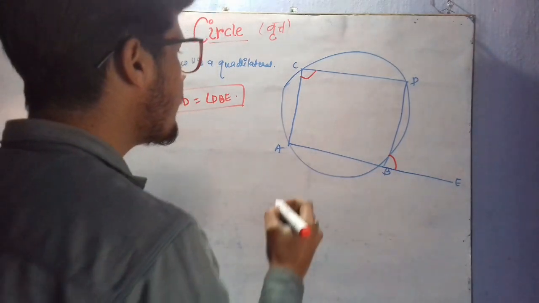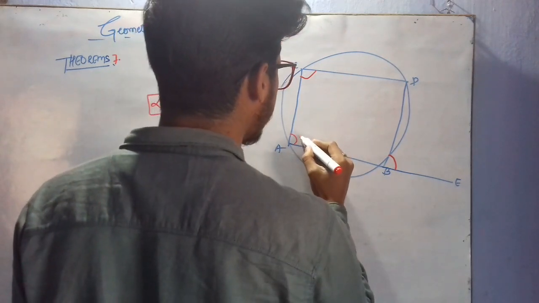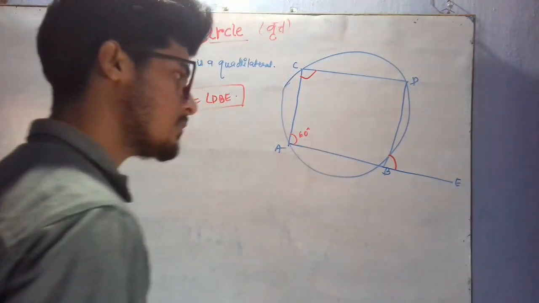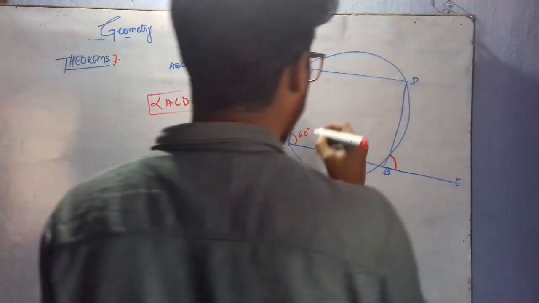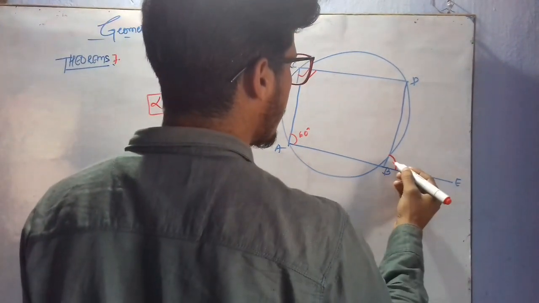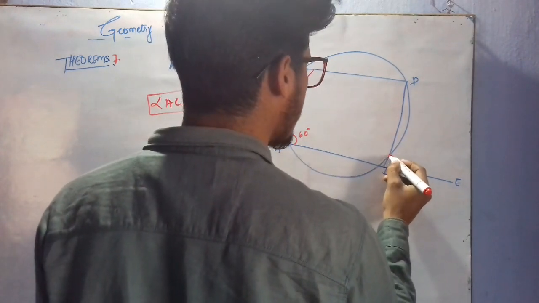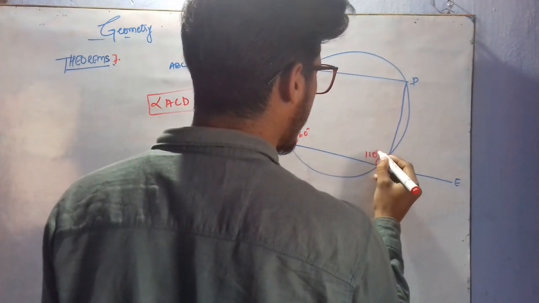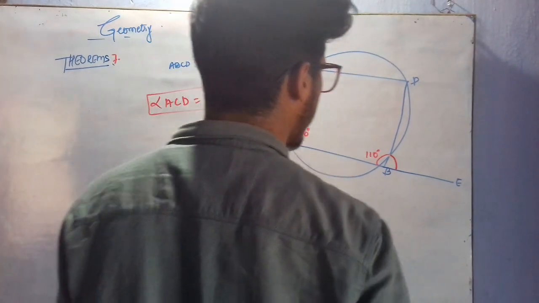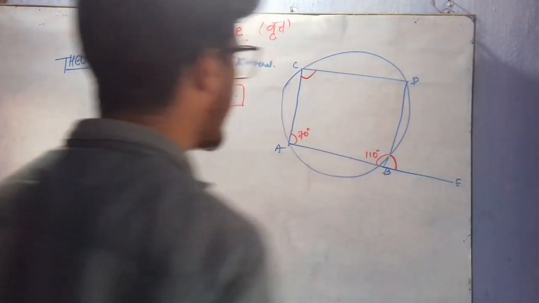So let's take an example. If it is given that angle ACB is 60 degree. And this is also given that this is 110 degree. Then find the value of angle ACD.